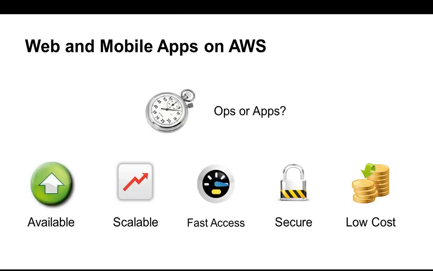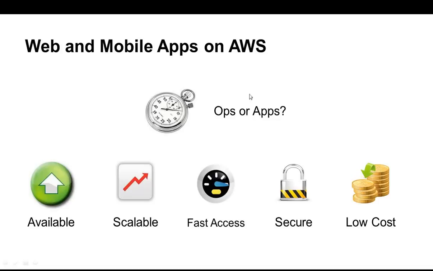You need your environment to be available, and you need your environment to be scalable, and you'll need to be able to access those IT resources quickly. You'll also need your environment to be secure, and then so that, again, you can continue to focus on the application, you'll need to know that it's cost-effective and low-cost overall. And so this is really what AWS provides overall for web applications.